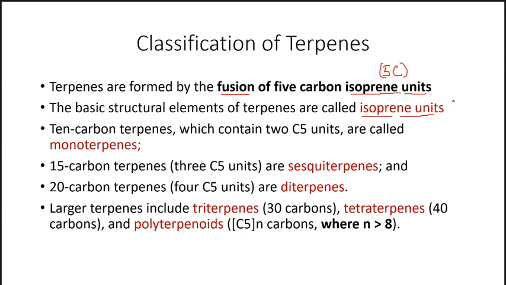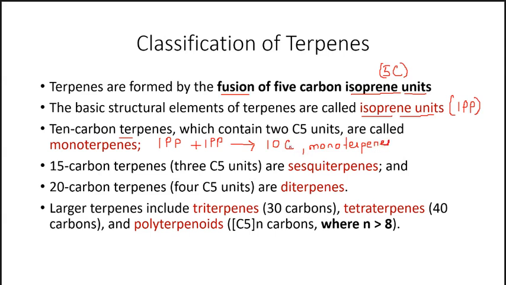isoprene units means what I said, IPP. Okay, say for example 10 carbon terpenes. How will the 10 carbon be formed? One 5 carbon plus another 5 carbon will form 10 carbon terpenes. Okay, and these 10 carbon terpenes are known as monoterpenes.